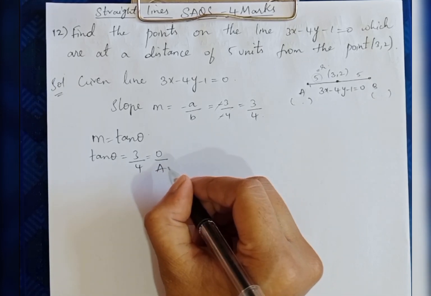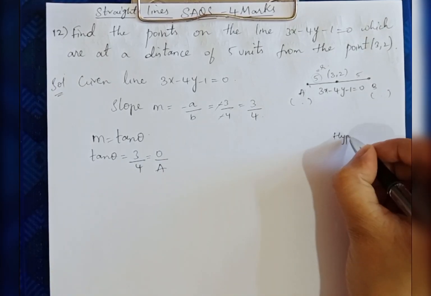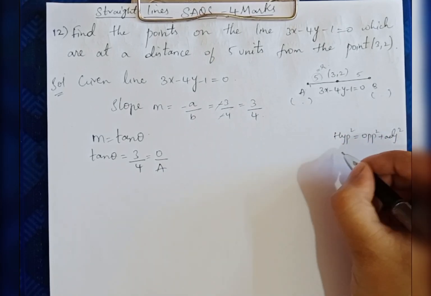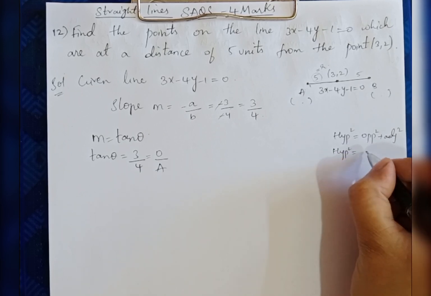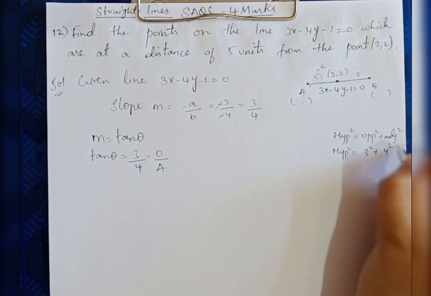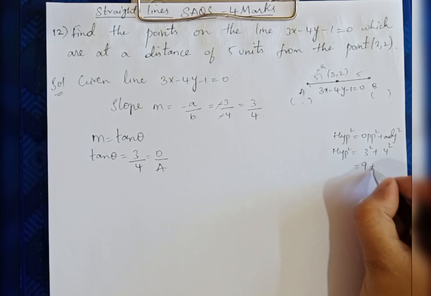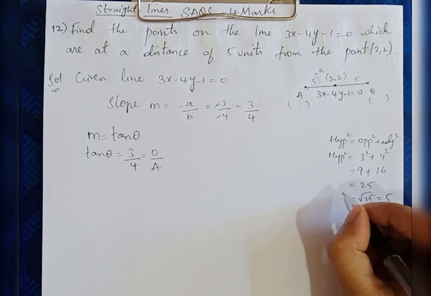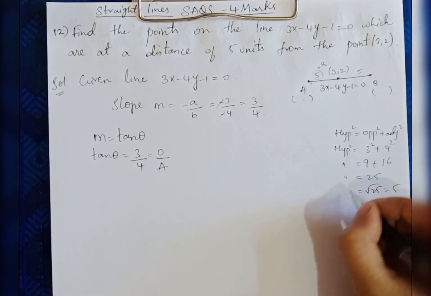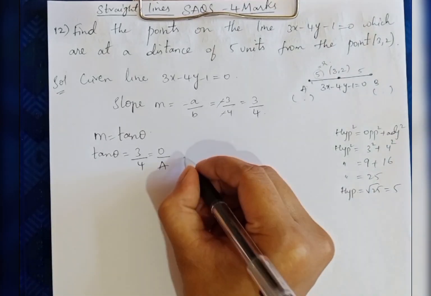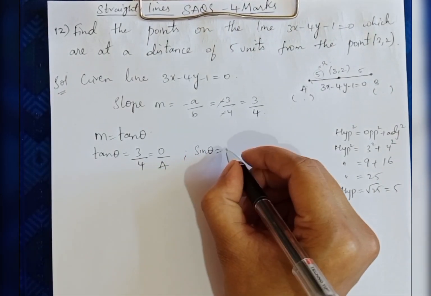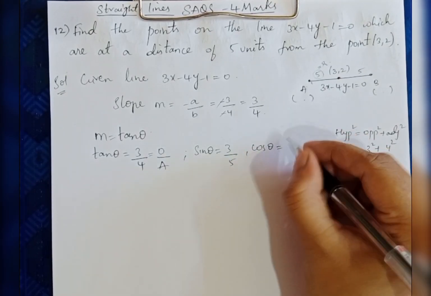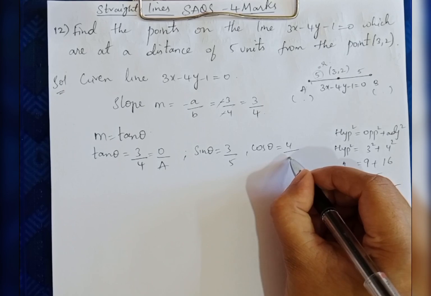If we find the hypotenuse by Pythagoras theorem, the formula is hypotenuse squared is equal to opposite squared plus adjacent squared. That is 3 squared plus 4 squared, which is 9 plus 16, which is 25, and the root of 25 is 5, which is the hypotenuse. So sine theta is 3 by 5, opposite by hypotenuse, and cos theta is 4 by 5, adjacent by hypotenuse.